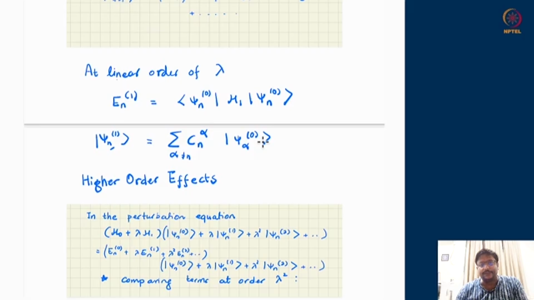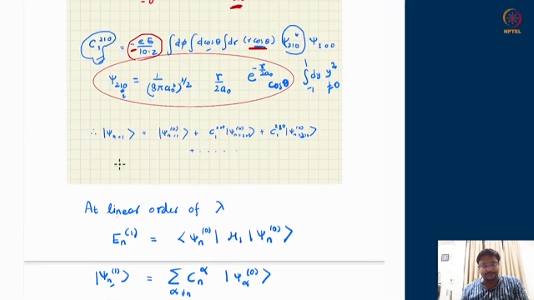So this is what we have learned, and these results are true at the linear order of lambda, that is, the first order effects are these.